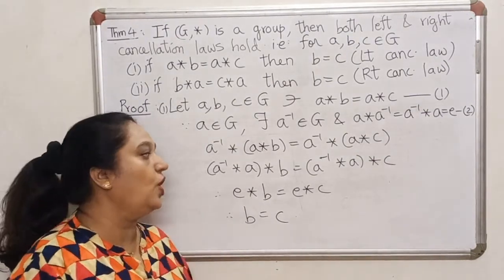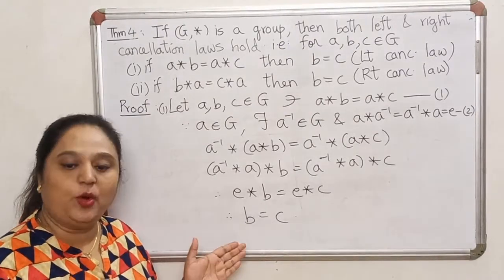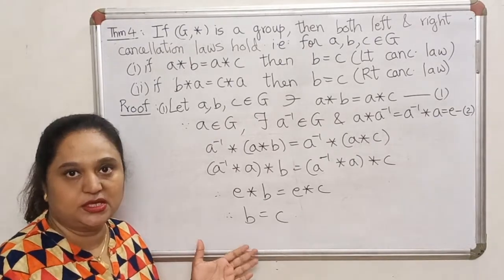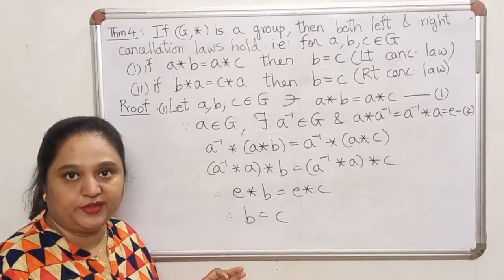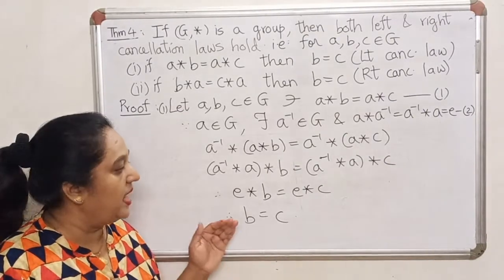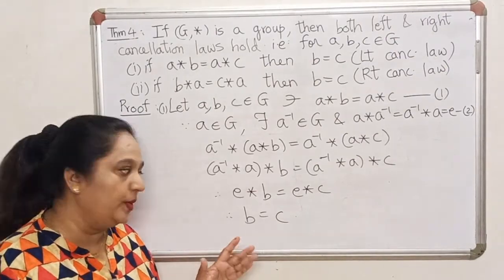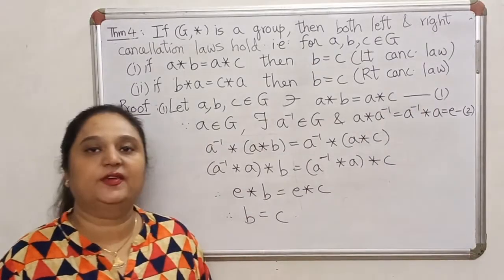So cancellation laws are an integral part of a group. The moment you have a group, you also have cancellation laws. So please keep this in mind, because though this is not part of the definition, this is an integral part of a group. The moment you have a group, you are free to use the left cancellation law as well as the right cancellation law.